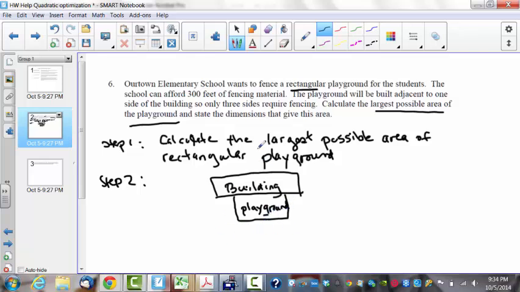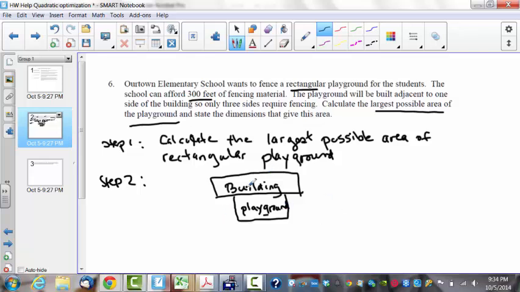We do know that the school can afford 300 feet of fencing material, so these 3 sides will be 300 feet. So that's not the perimeter. If we had all 4 sides, that would be the perimeter.